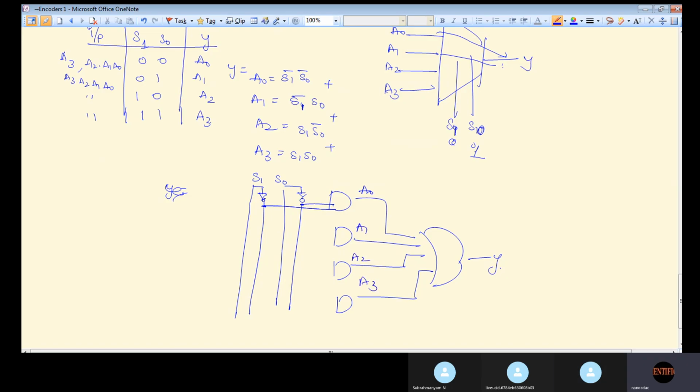Next S1 bar S0, S0 is here, S1 bar. Next S1 S0 bar, S1 is here, S0 bar is here. Then S1 S0. Is it clear?